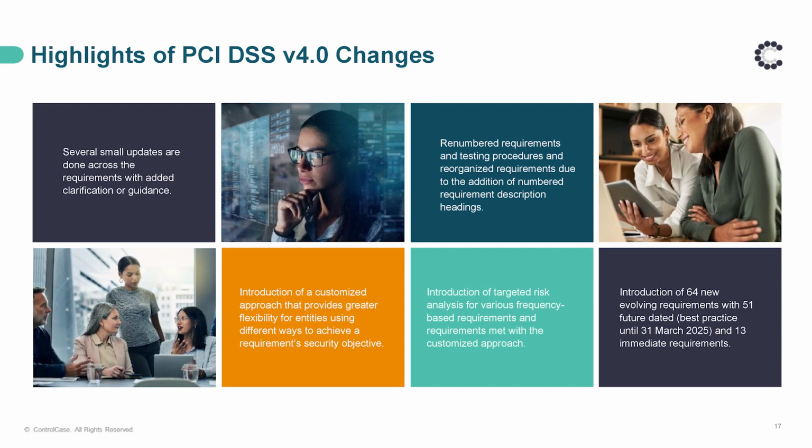Easy example of that, in DSS 4, you have a requirement for password length to be 12 characters, right? Which is a new requirement. It is a defined requirement. It says that your password should be 12 characters long. However, when you look at the customized approach objective, it is an objective. It says that a password or passphrase cannot be verified by either an online or offline brute force attack.